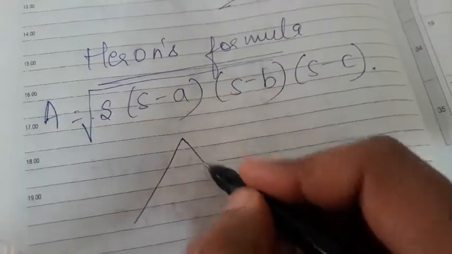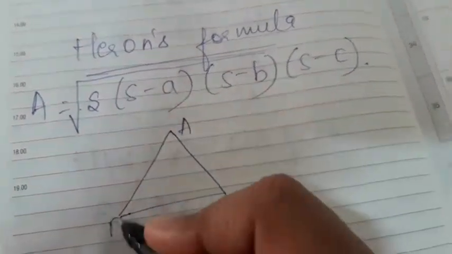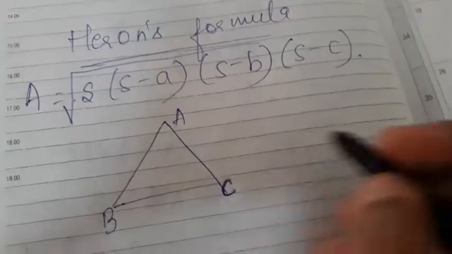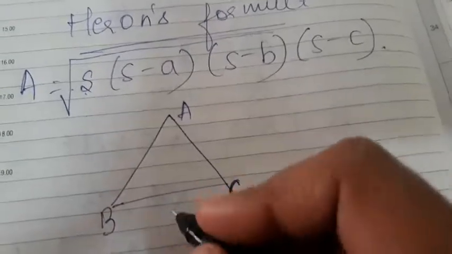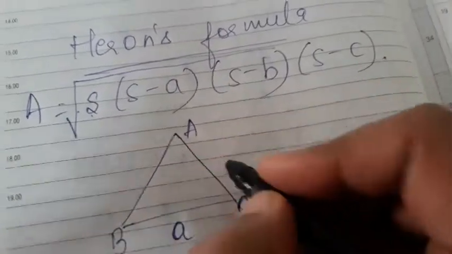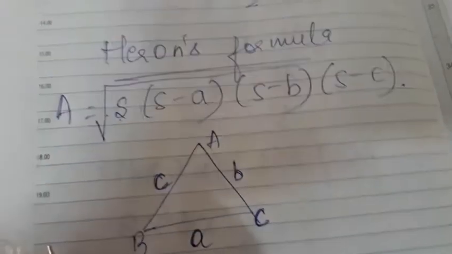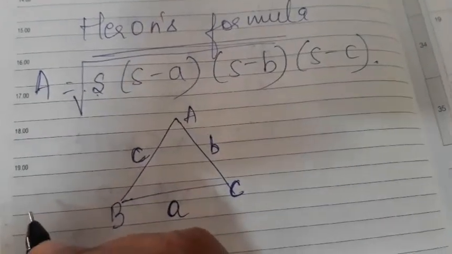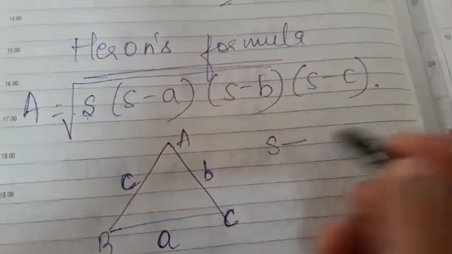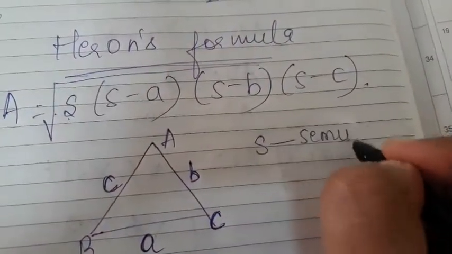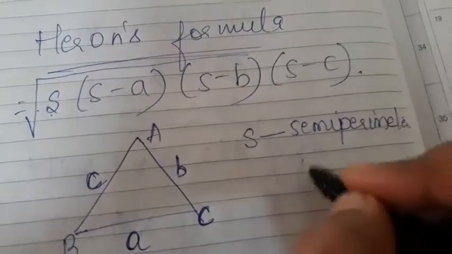Suppose there is a triangle ABC, and I'm talking about a general formula, whose sides are A, B and C respectively, and S is the semi-perimeter of the triangle.